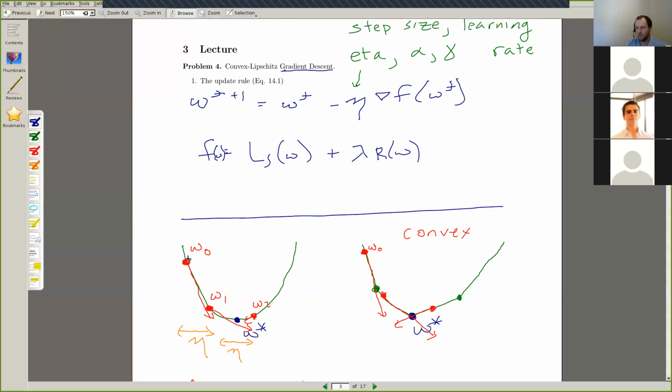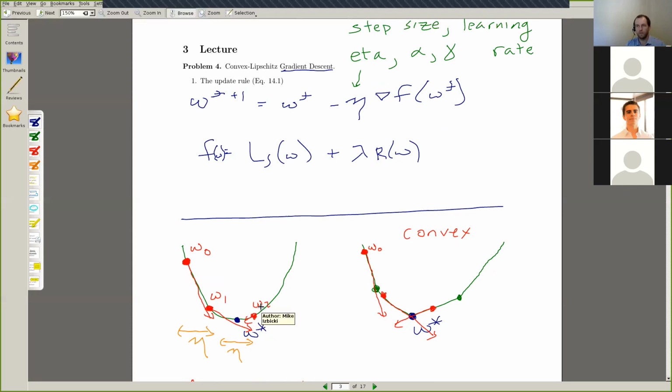And so here at W0, because we're really far away from W star, the magnitude of the gradient is going to be very large. And so we're going to take a really giant step. But here down at W2, because we're really close to the minimum, we're going to take a really small step.